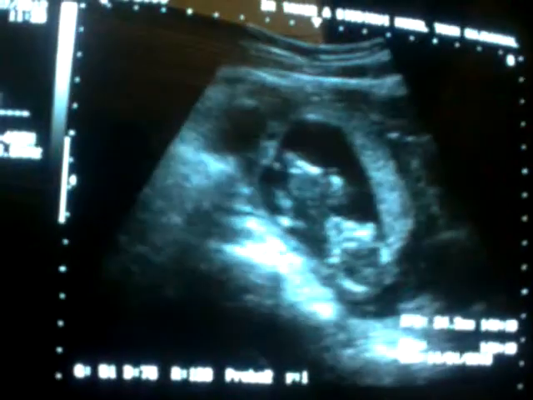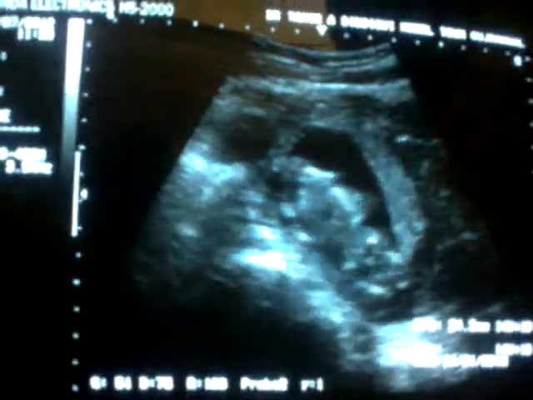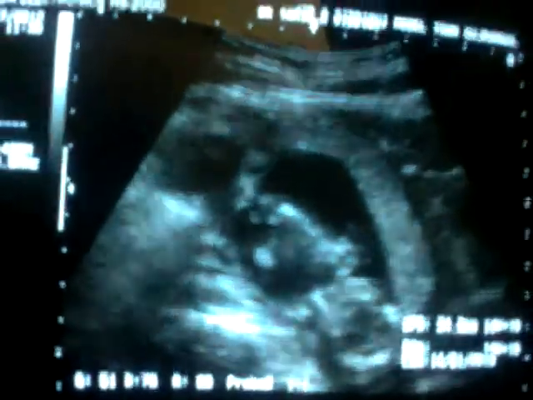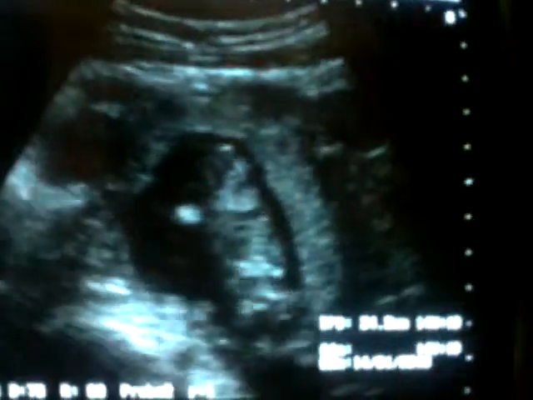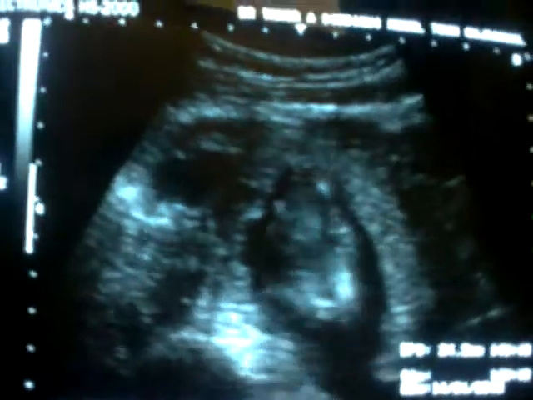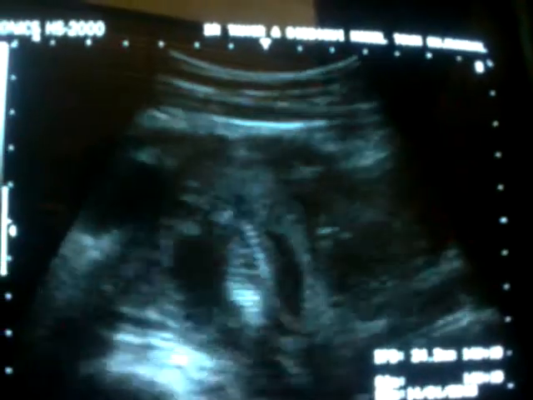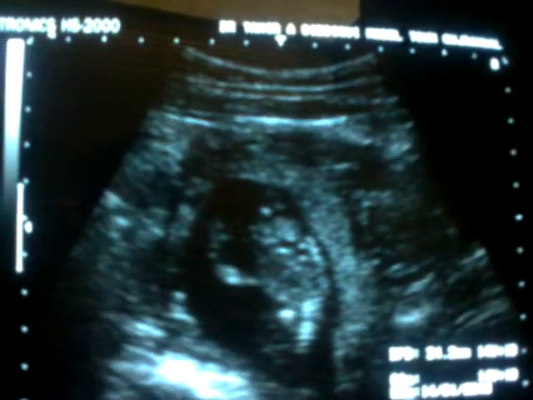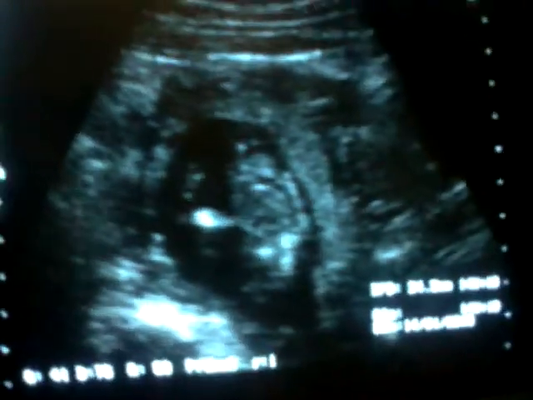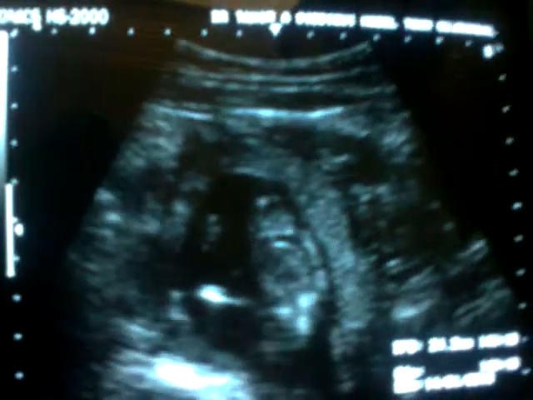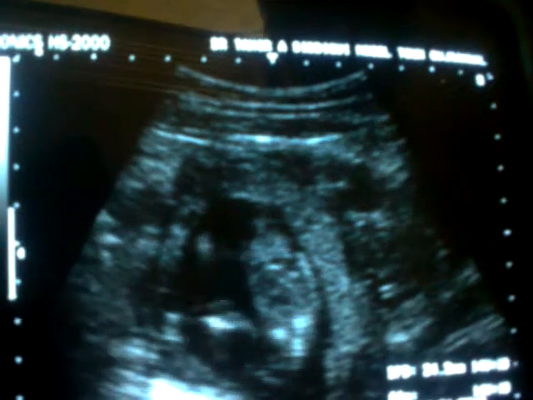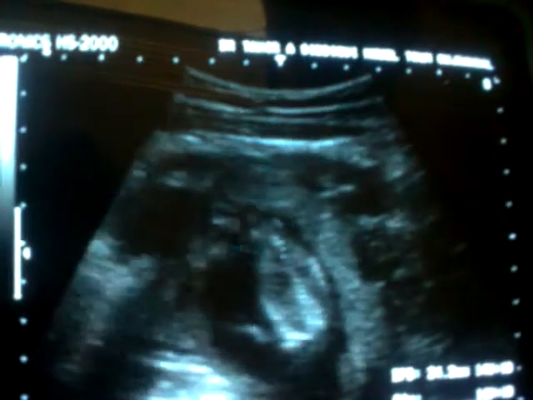And now see the movement of the fetus. Here I am not moving the probe, and you can see the fetal movements are present.